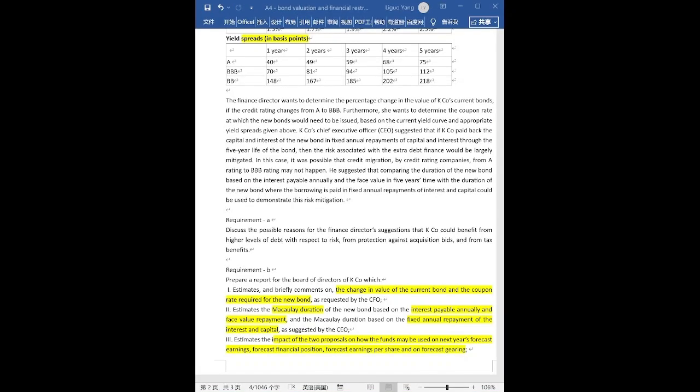It's also asked to calculate the coupon rate required for the new bond, as requested by the CFO in the context. It's already known that the new bond is based on interest payable annually and face value repayment, and it's a 5-year term bond.